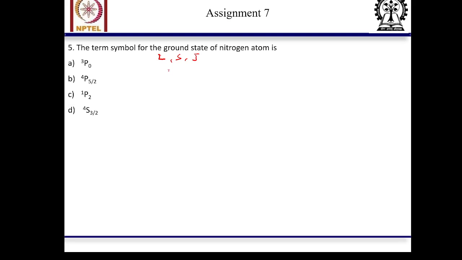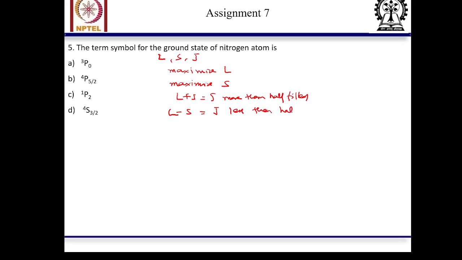Your first rule is to maximize L. Second rule says maximize S. Third rule says L plus S is equal to J for more than half filled, and L minus S is equal to J for less than half filled.